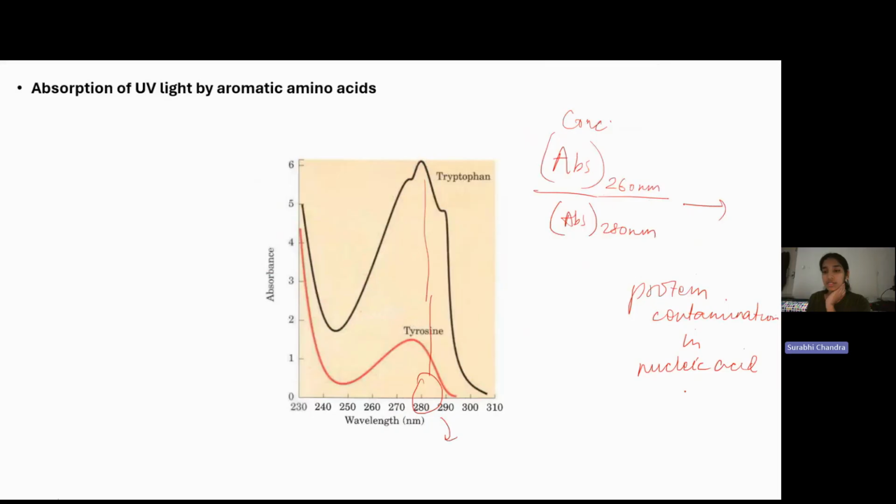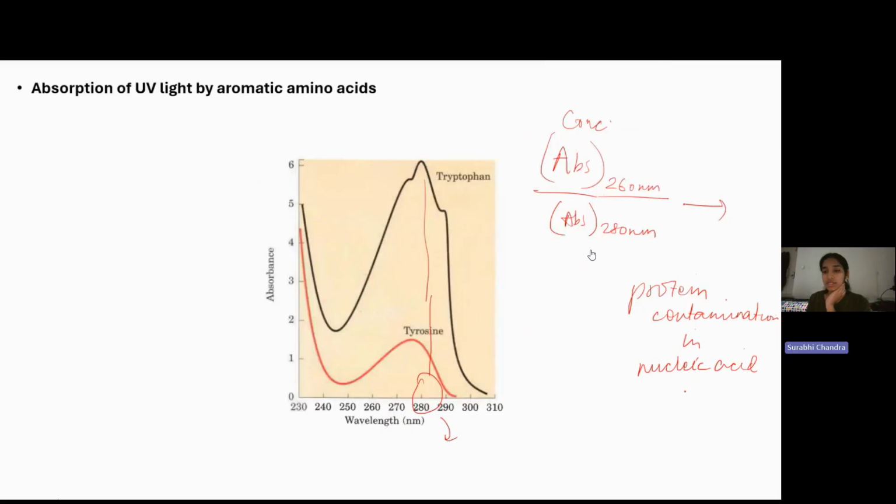However, in case there is huge protein contamination, the denominator will be greater, and hence the net ratio will lower down, which indicates that the purified nucleic acid has some protein contamination.